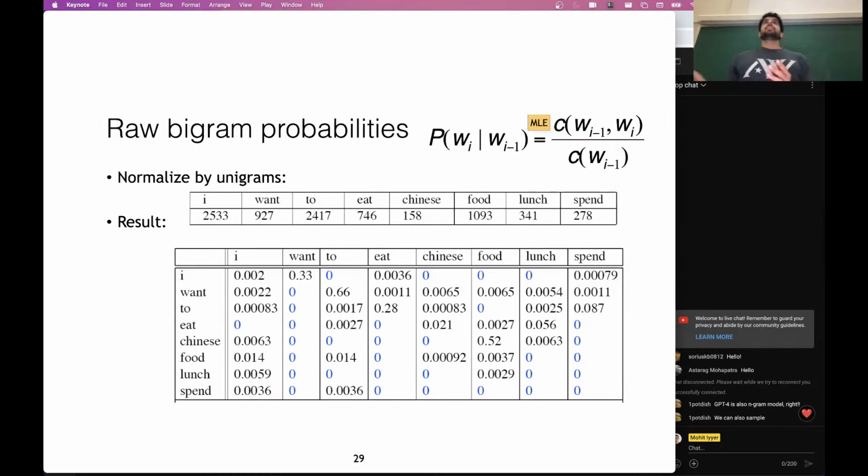I can take this table and do the normalization by the prefix to obtain the bigram probabilities. Now I can see that the probability of want given I is 33% in this subset of the data set. The probability of to given want is 66%. And still, we see a lot of these 0 probabilities here.